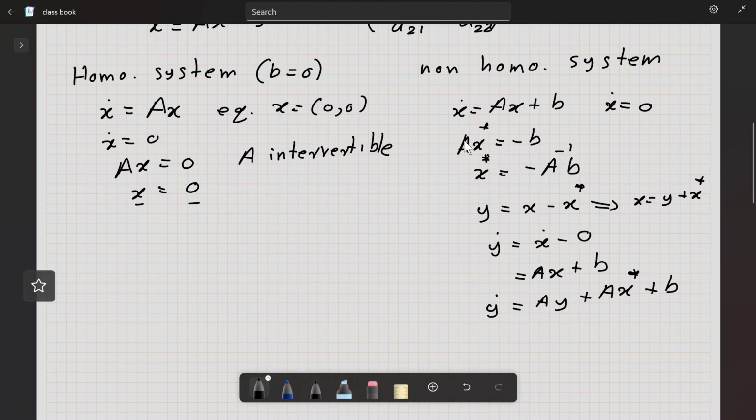What is A times x star? It is minus b. So these cancel, and our system will be y dot equal to Ay.